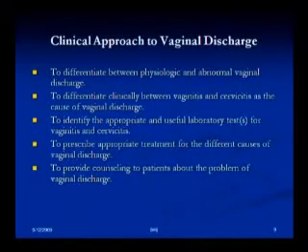Clinical approach, this is where we have a bit of a problem. In order for you to go clinical, you have to differentiate between physiologic, meaning it's just normal, and abnormal vaginal discharge.